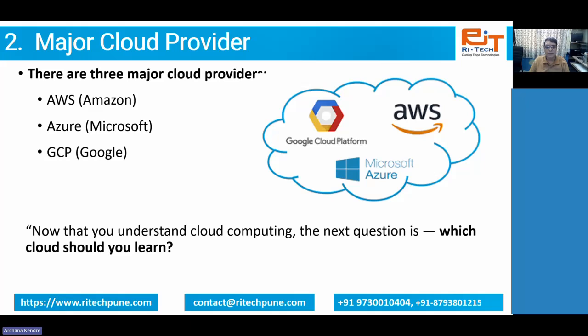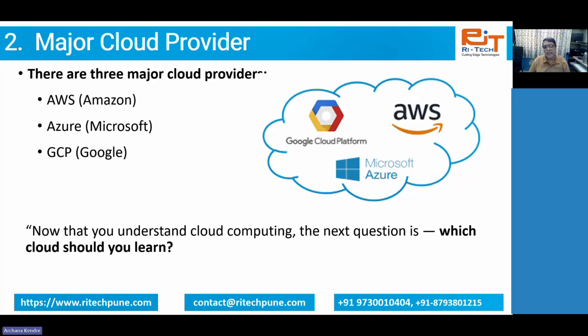But GCP is getting popular because it is native to machine learning and AI, and machine learning and AI is today's trend buzzword. So GCP is now getting a little attention, but 4, 5, or 6 years back GCP had only 2% of the cloud market share, and the maximum share was occupied by AWS, Amazon Web Services, or Microsoft Azure.